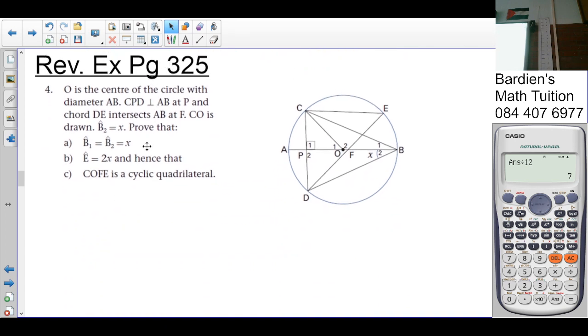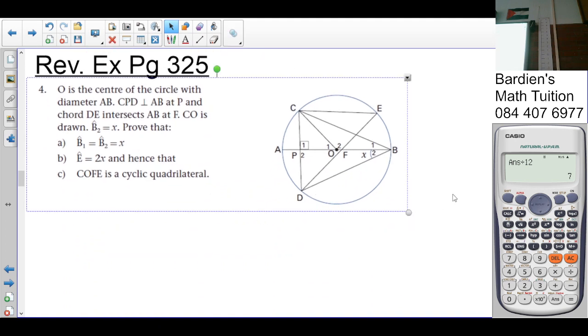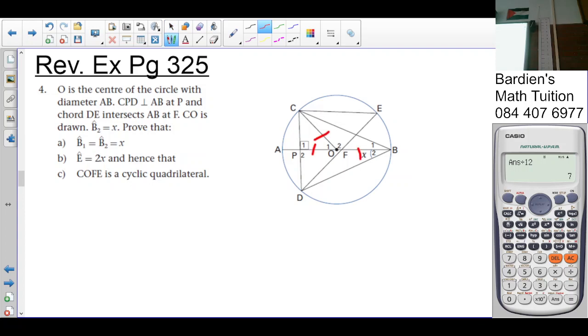Number 4. We are told that O is the center of the circle with diameter AB. Okay, so that's your diameter. Then we are told O is your center as well, so all of those lengths are equal. Then we are told that CPD is perpendicular to AB, which means to say now that CP is equal to PD.